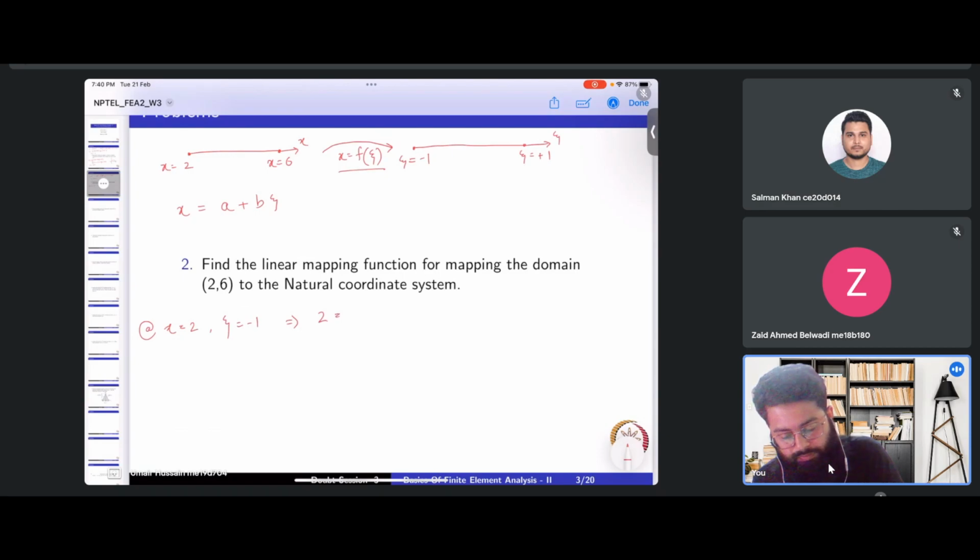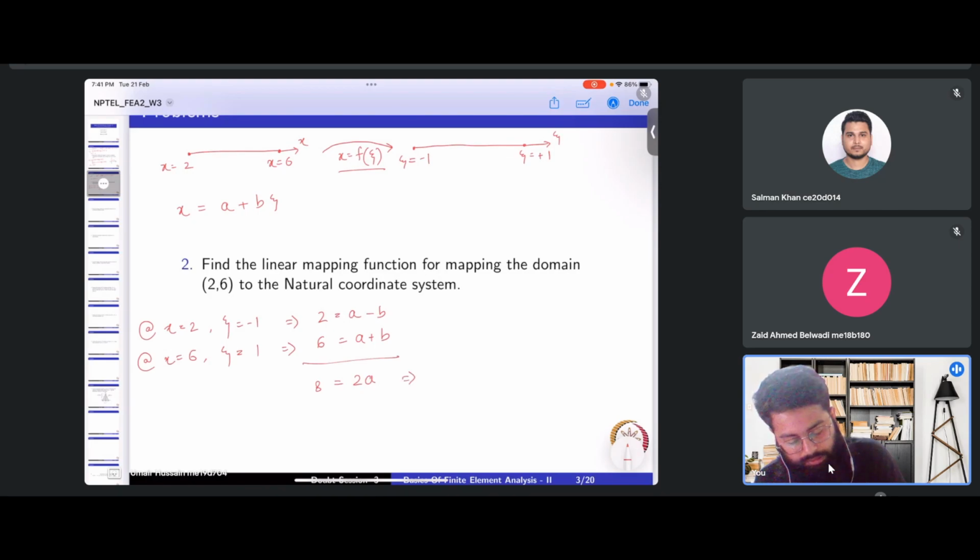2 equals a minus b, right? And at x equals 6, zeta equals 1. We write 6 equals a plus b. We add up the two equations, we get 8 equals 2a.